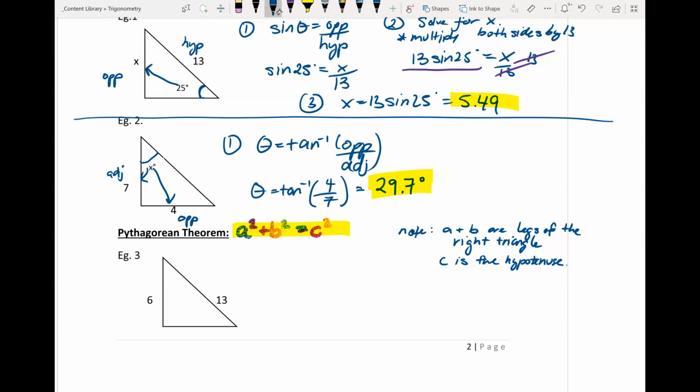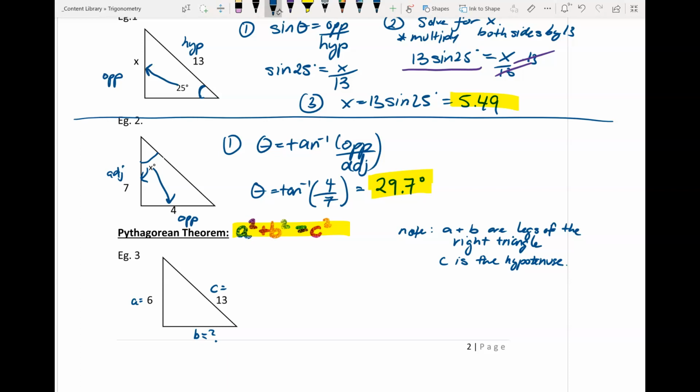So that means that 13 is c because that's the hypotenuse, and it doesn't matter what I assign for a and b. Let's just say a is 6 and b is what we're looking for. Of course, you can reverse it. b could be 6 and a could be what you're looking for. It really doesn't matter as long as you're consistent.